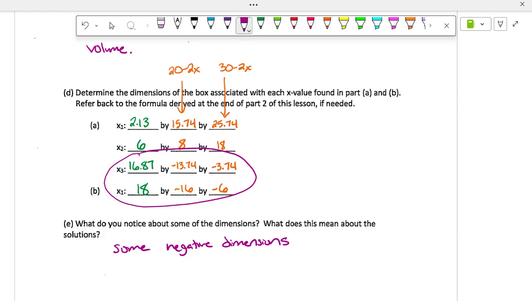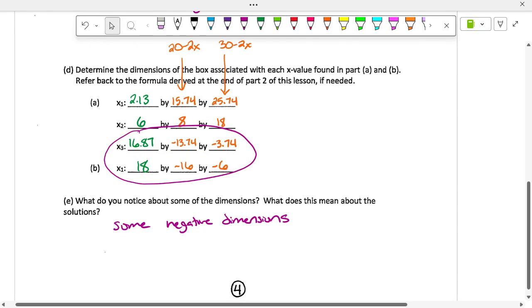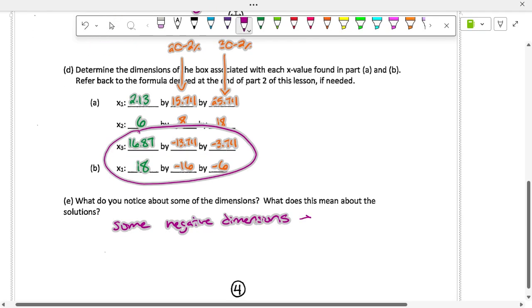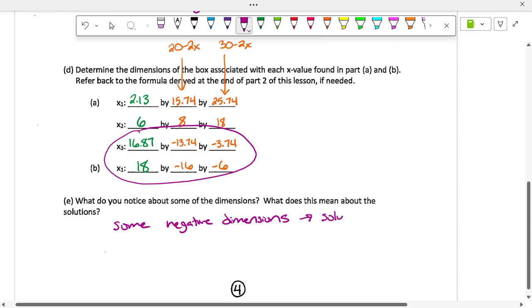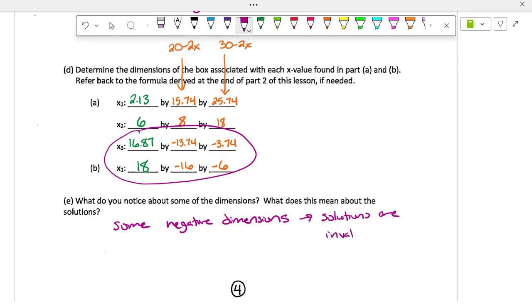No. So that means that those solutions are invalid. Because remember, we're talking about volume, meaning you have to have a real length, a real width, and a real height. But if they're negative, they essentially don't exist. So the only valid solutions are these two right here.